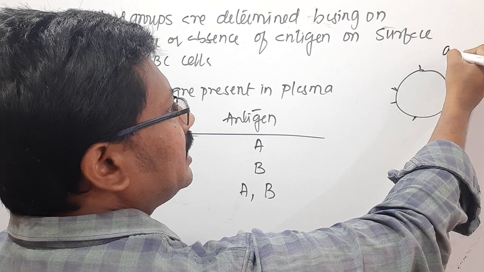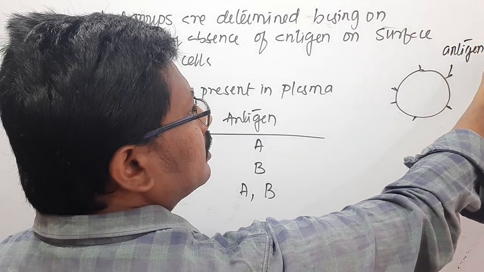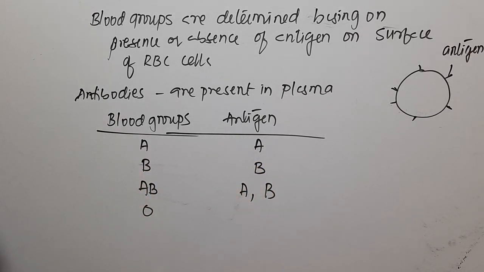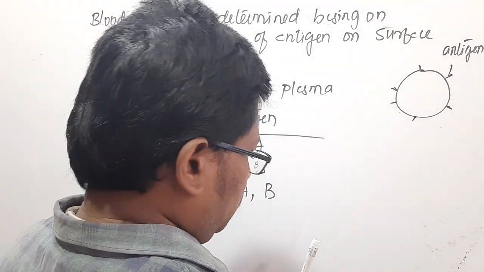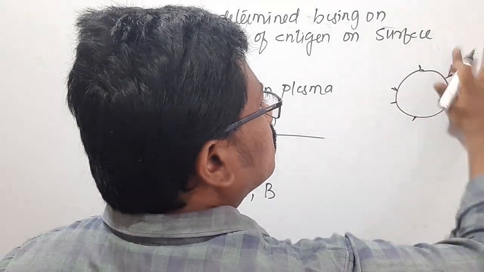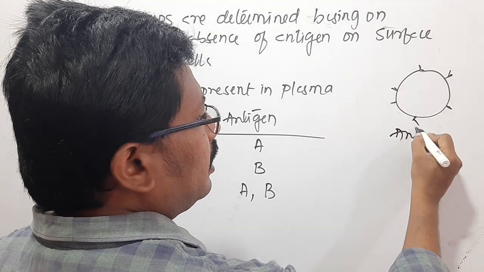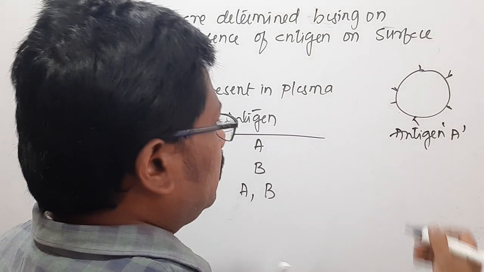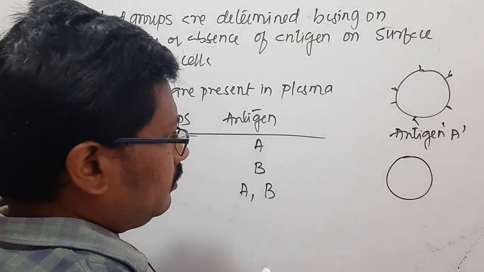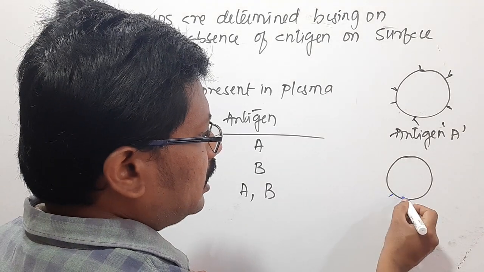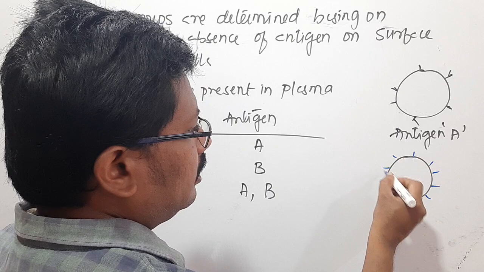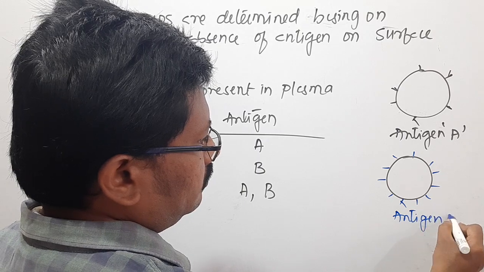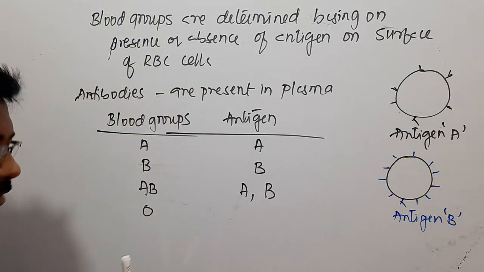This is antigen A, so the person is said to have A blood group. Now in the case of B blood group, these are antigen B. So that is B blood group.